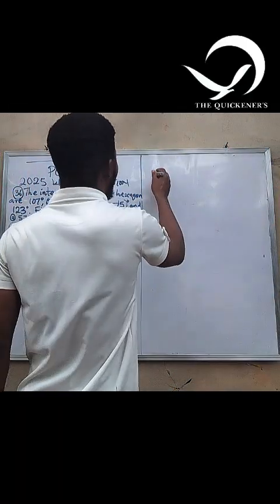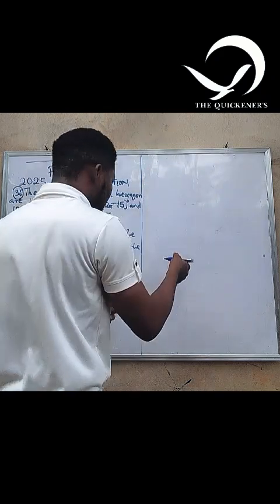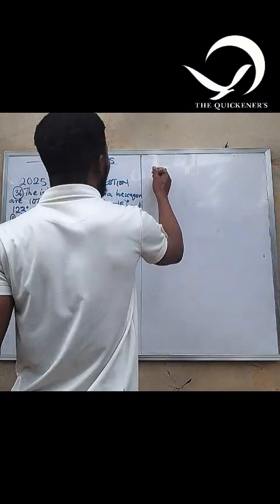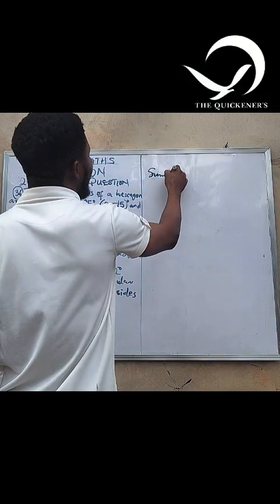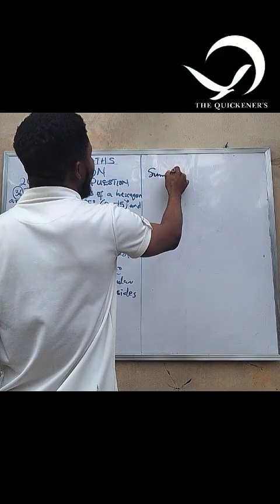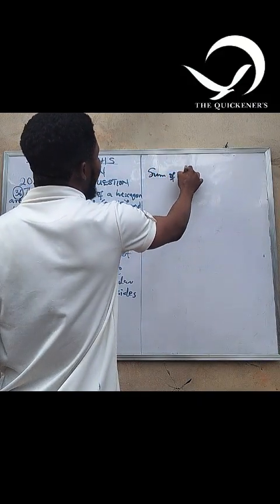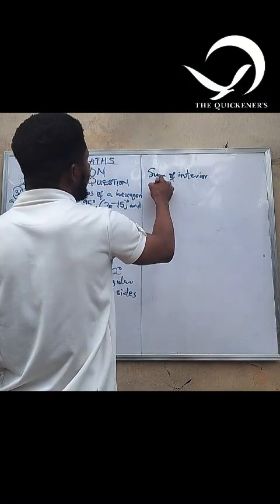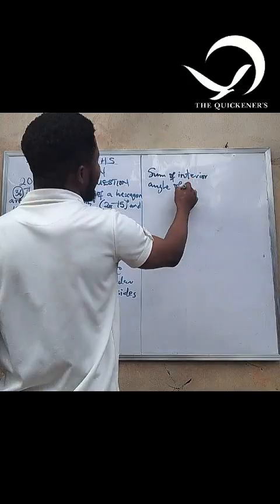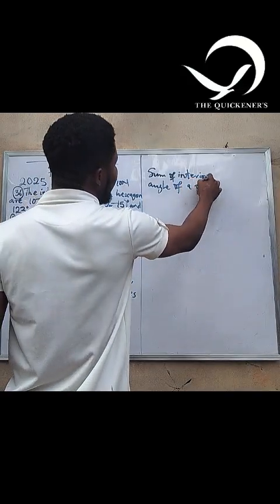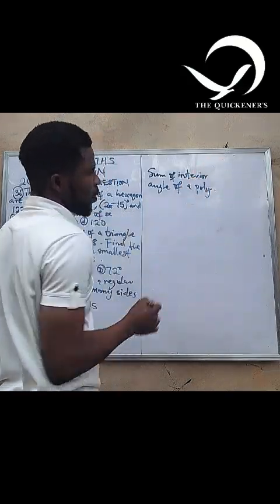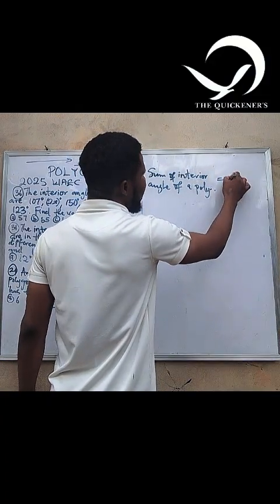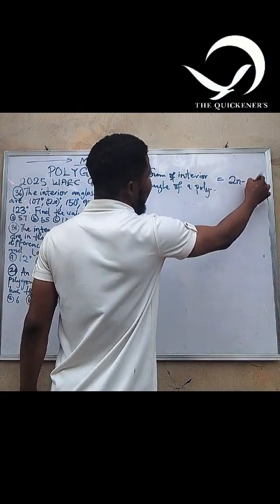So now let's go. Sum of interior angles of a polygon. Let me use that as polygon. Remember the formula is what? 2n minus 4, right?